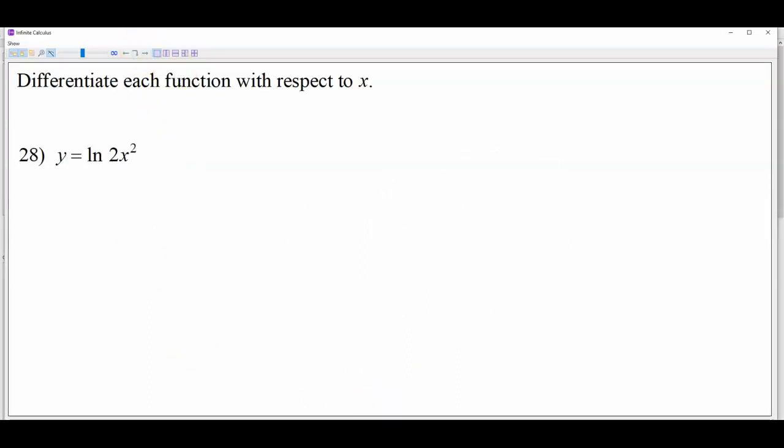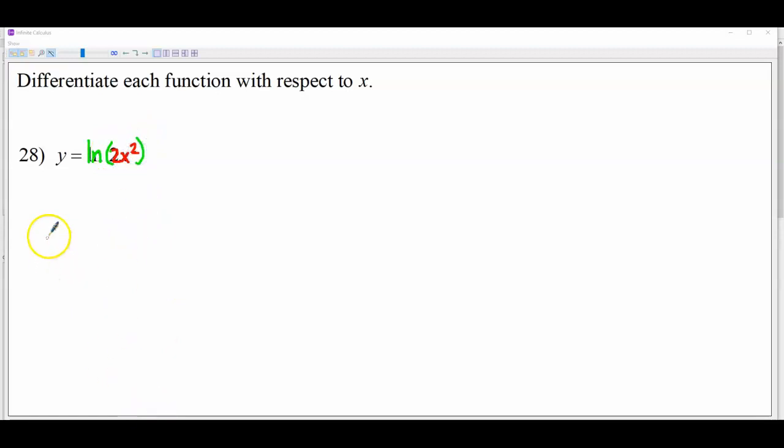Okay, now we're moving into logs. So once again, logs are going to be a lot like chain rules. We have the outside function, which is the log itself. And then we have the inside function, which is whatever we're taking the log of. So in this case, that's 2x squared.